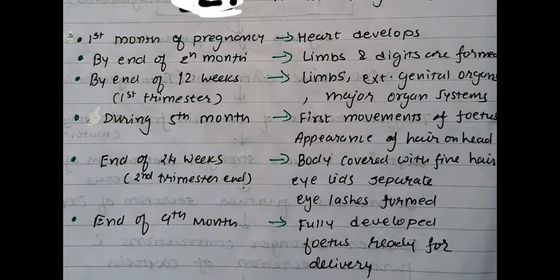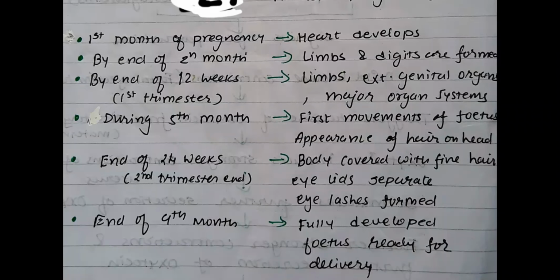During these 9 months of development, some significant changes take place in every month and trimester. Some of the highlightable points are given here. In the first month of pregnancy, the heart development will be there. The developing embryo will have a heart right from the end of the first month itself.